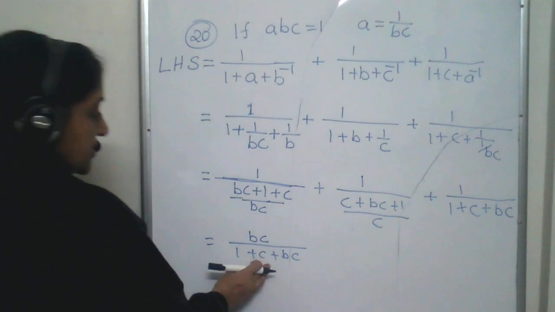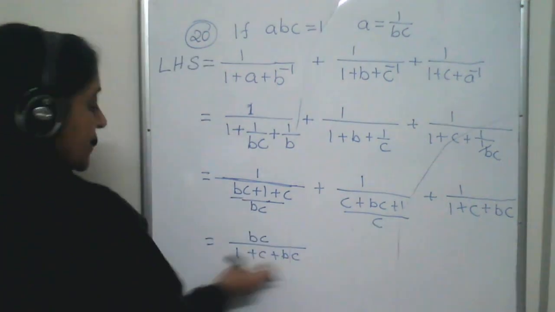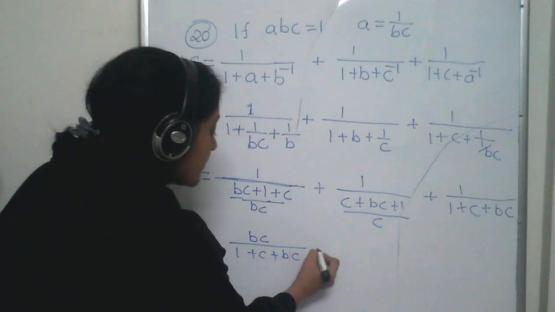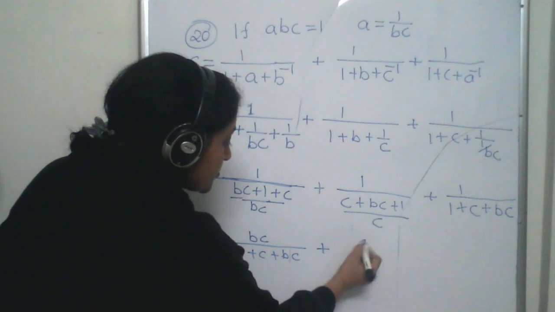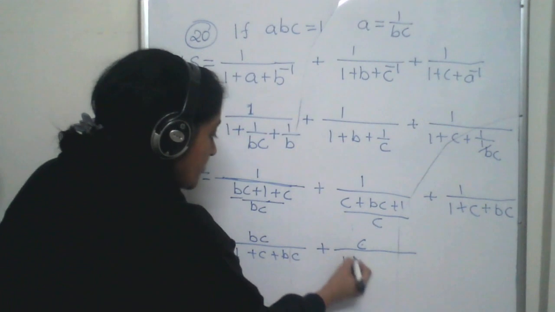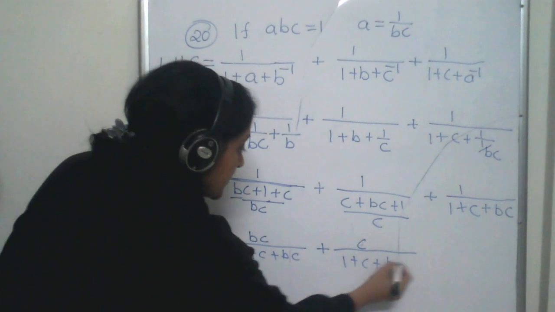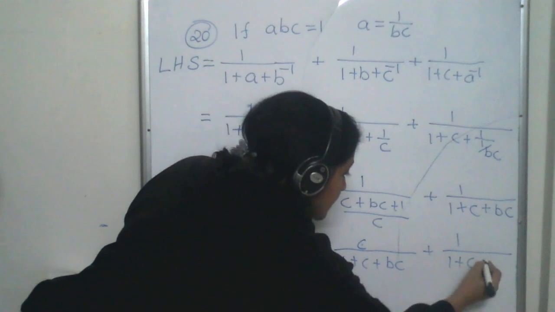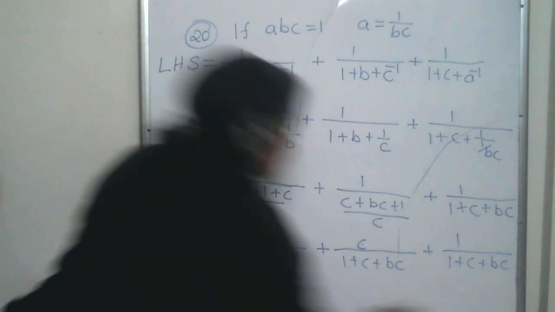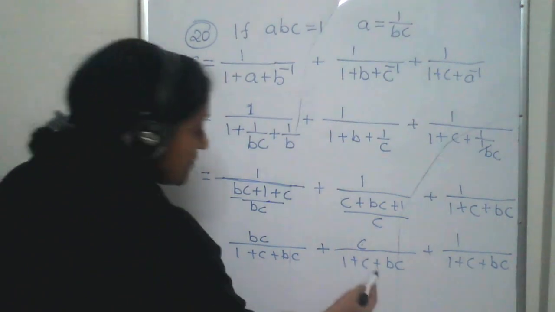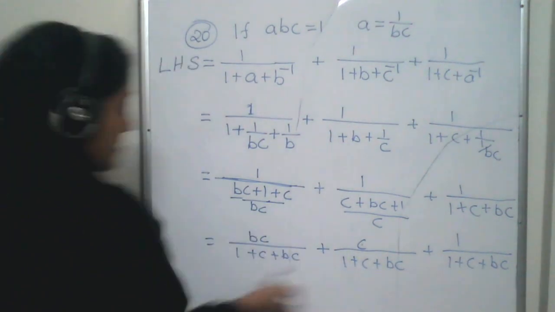Why am I arranging like this? The last one has come like that. If we arrange it in the same way, we'll be able to understand what the LCM will be. Here also c upon 1 plus c plus bc plus 1 upon 1 plus c plus bc. Okay, so this is it. Now you can see 1 plus c plus bc, 1 plus c plus bc, 1 plus c plus bc.